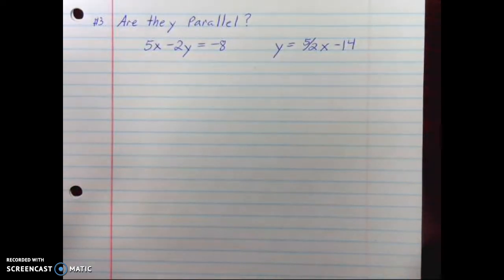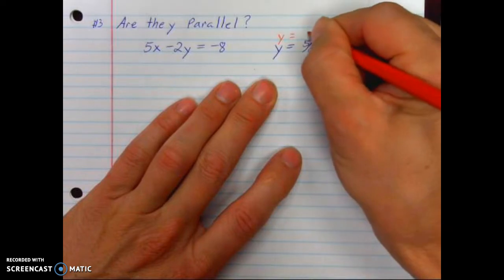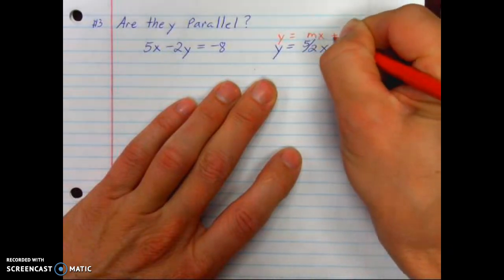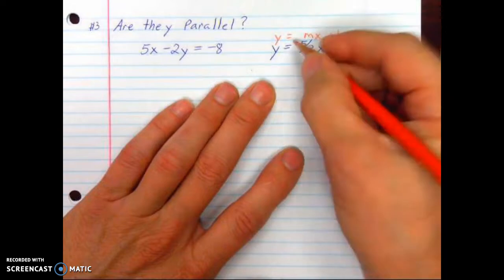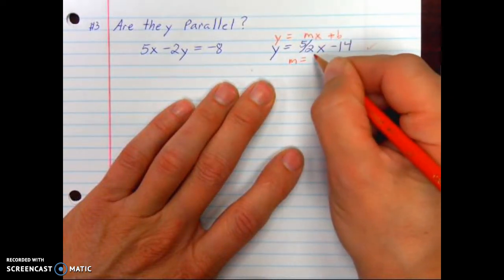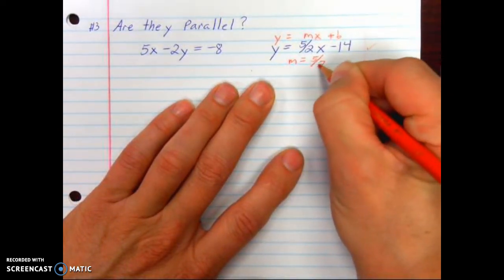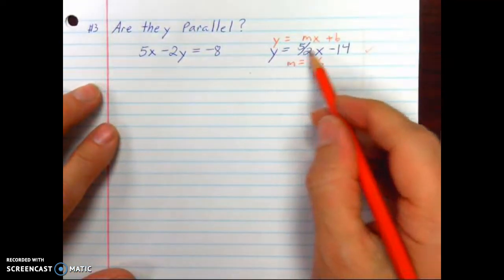But stop. Are they in the y equals mx plus b form? This one is. Good. Check. What's the slope of this one? The slope of this one is, according to this, 5 over 2. That's my slope. I know it because it's in the right form.